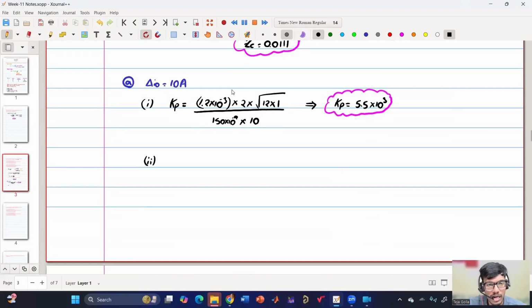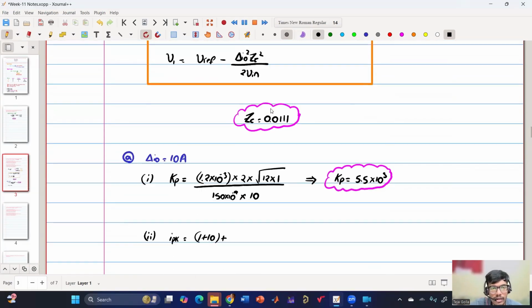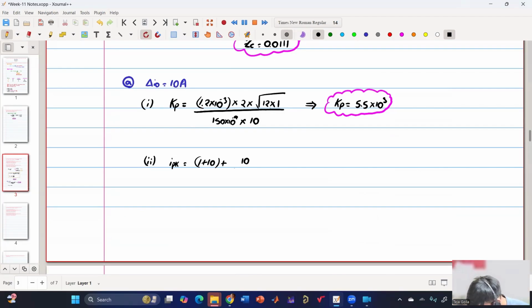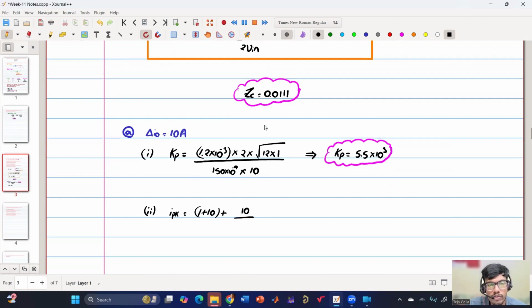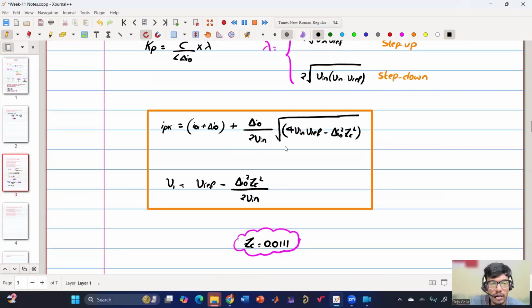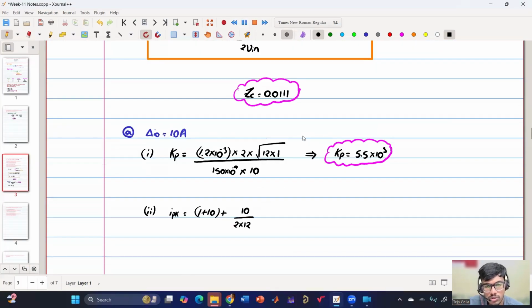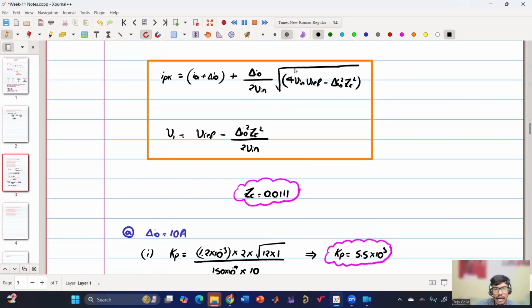So I peak is I naught plus delta I naught plus delta I naught by 2 into V in, so it is 2 into 12, and then square root of 4 V in V ref. 4 into V in is 12, V reference is 1, minus delta I naught square into ZC square.